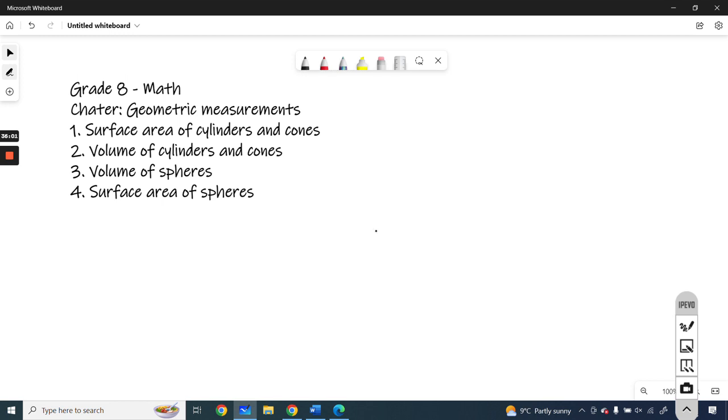So whenever we have to find the surface area of cones, we have to add the area of top, area of bottom, and area of side. Got it? So area of the top and area of the bottom are exactly same. You can find them by using A equals pi r square. Got it?